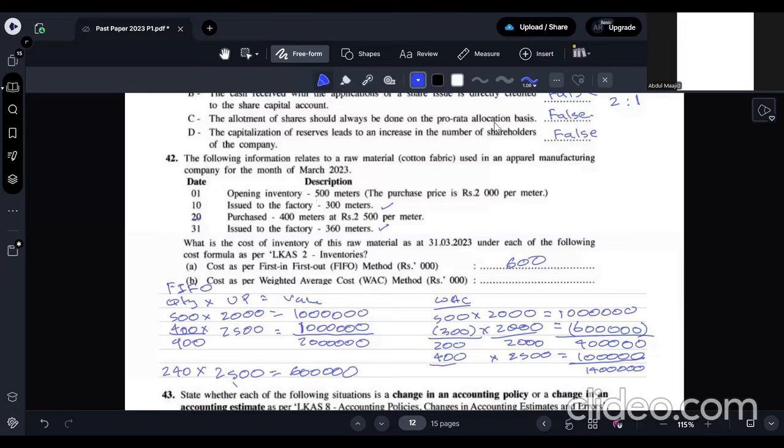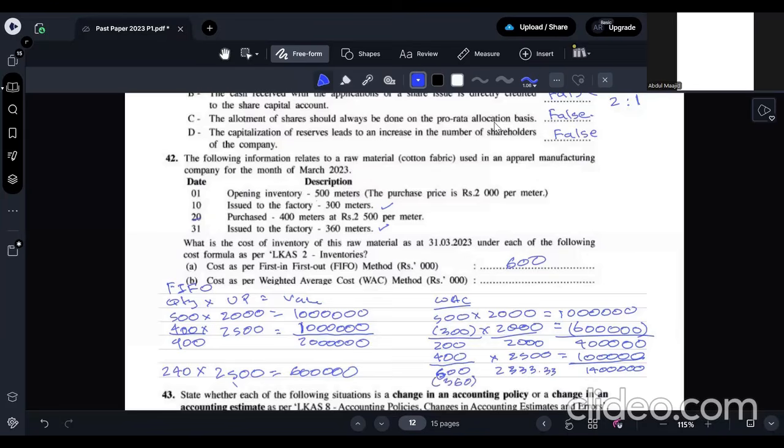And 600 meters, then the average price will be 1,400,000 divided by 600 meters, that will give you 2333.33.